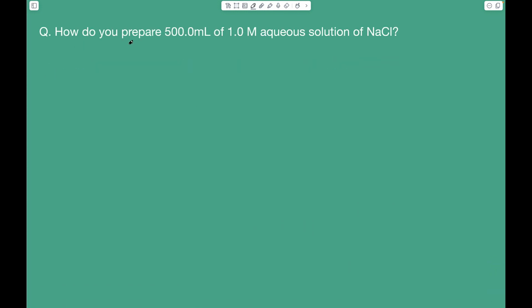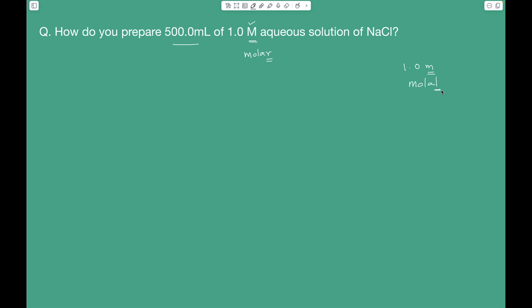Now this question says, how do you prepare 500 milliliters of 1 molar aqueous solution of sodium chloride? Remember, capital M represents molarity. So molar, the last letter here is R. Instead, if I say 1 small m, remember small m represents molality, therefore it is 1 molal solution.